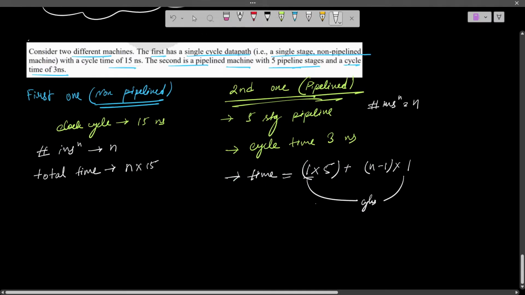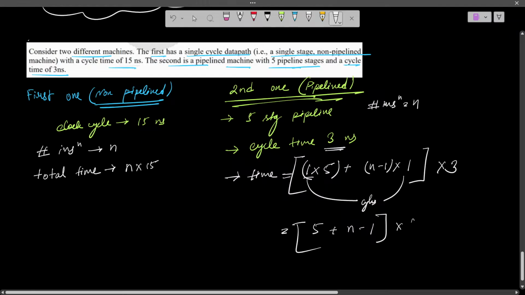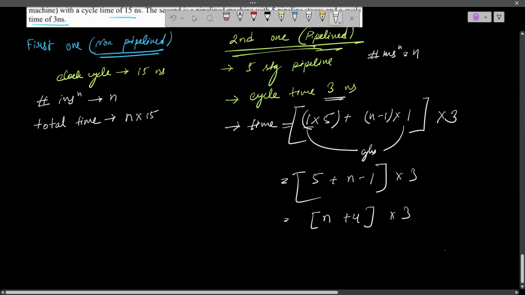So 5 plus n minus 1, and total will be multiplied by the clock cycle, which is the cycle time, which is 3. So n plus 4 into 3.